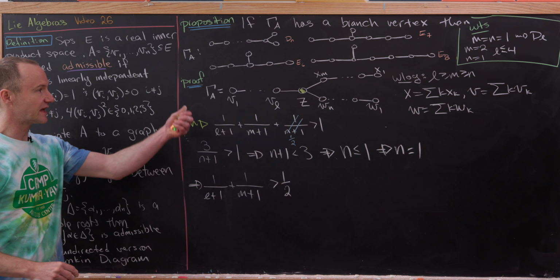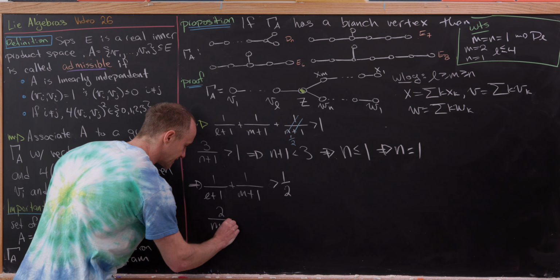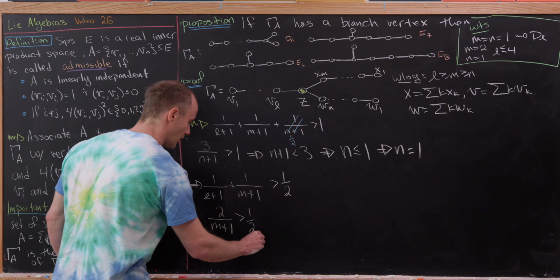But now we again have this ordering. So if we replace L with m, we'll get 2 over m plus 1 has to be bigger than 1/2. But now what does that tell us?